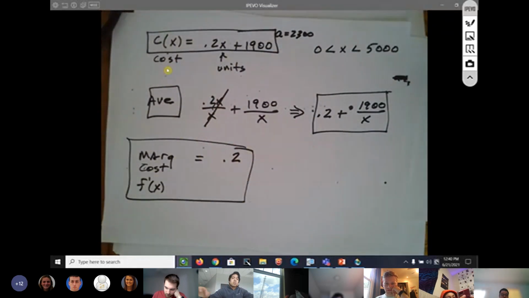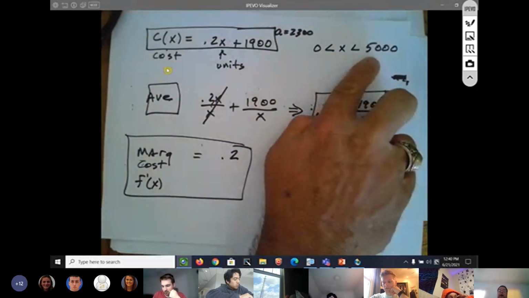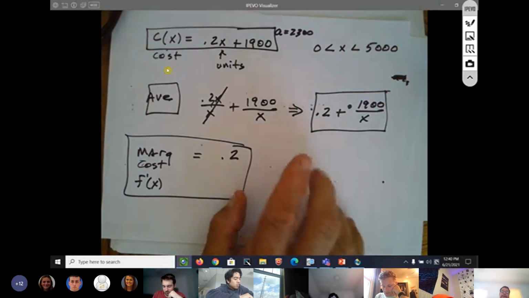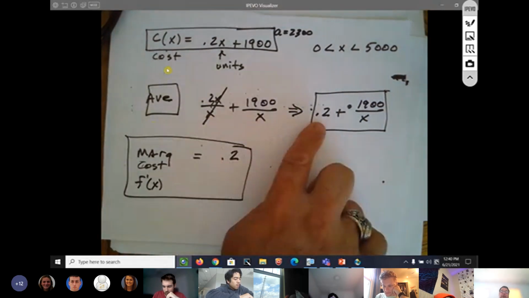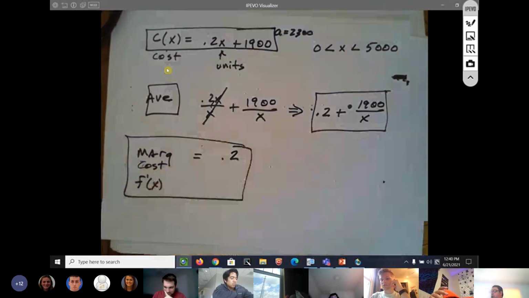So you're talking about looking at your table from 0 to 5,000. And then if they want to find the average cost, I don't know if they want the function or plugging in. And then the marginal cost is 0.2. So let's look at the question and see what they want.